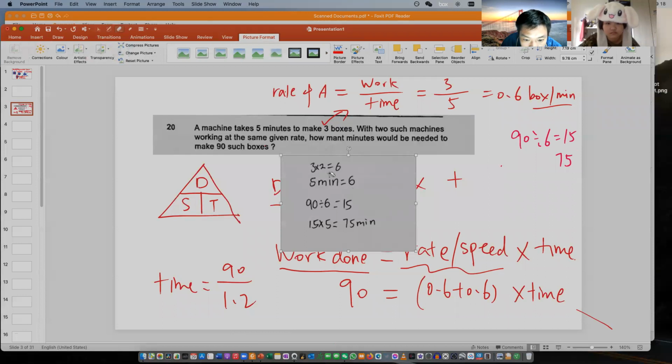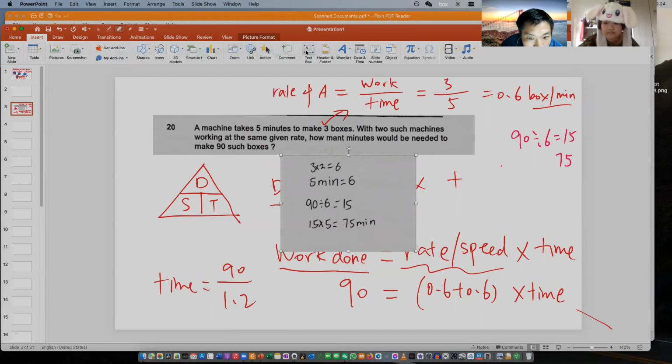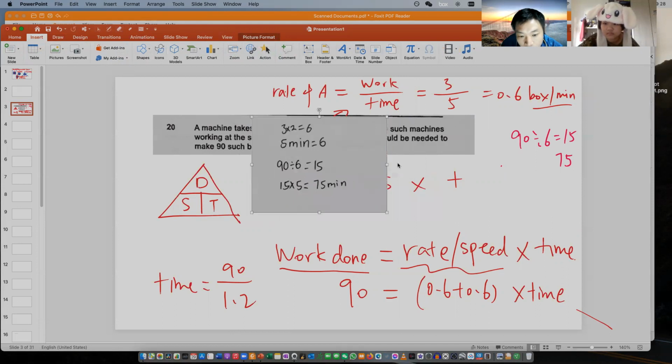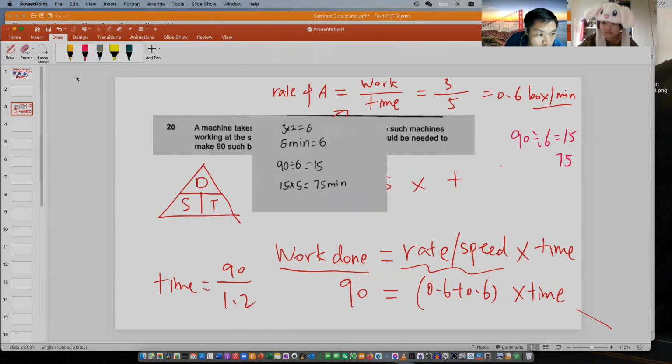So this is your answer. Let's focus on the concept. We both get the same answer, but does your concept make sense or not? If we use this formula, work done is equal to rate times time.